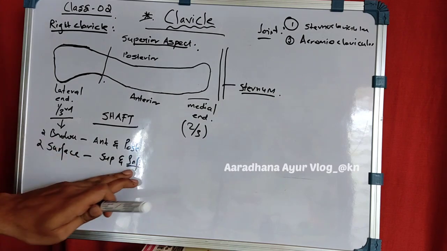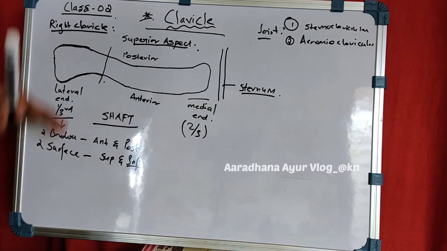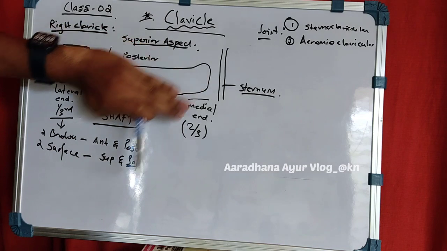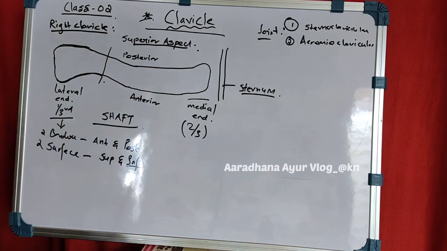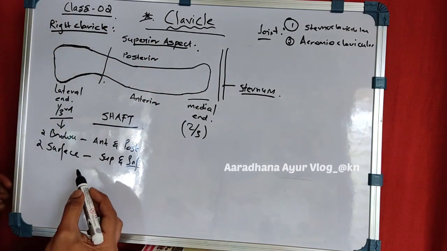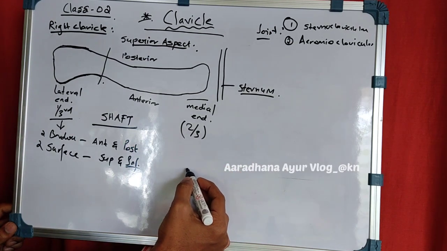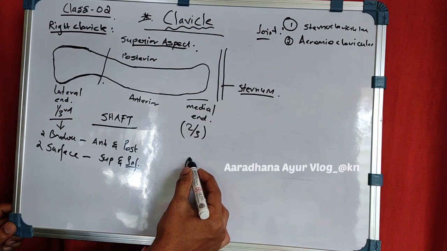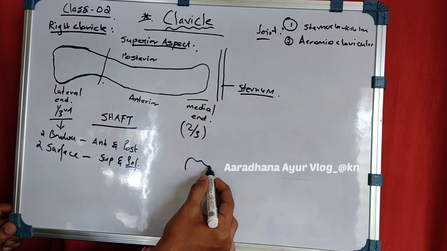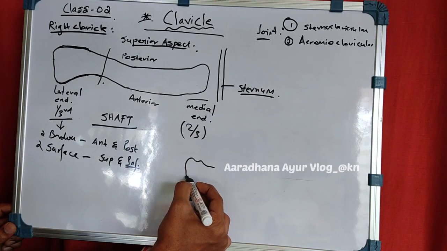We are seeing from the superior part, so there is a superior surface, and on the inferior surface there is a conoid tubercle. It is rough on the medial side.